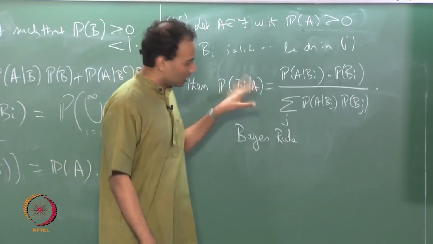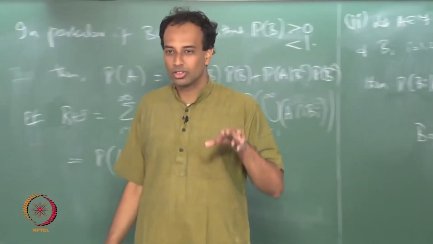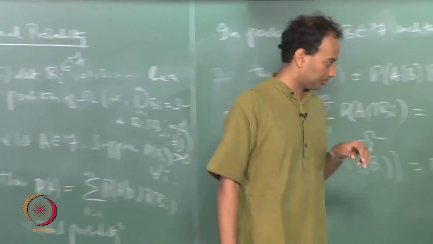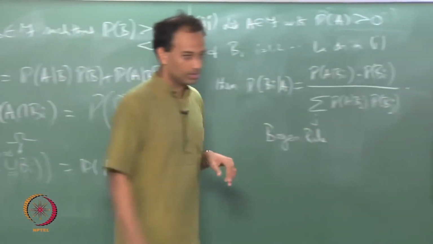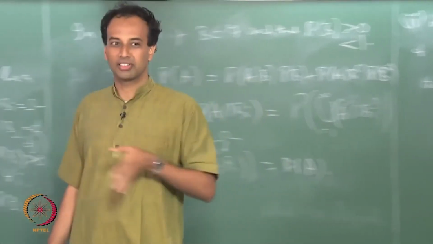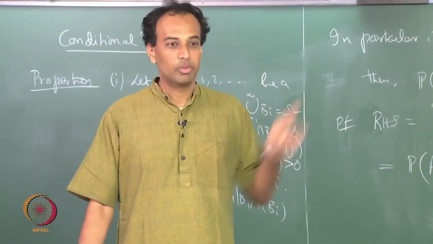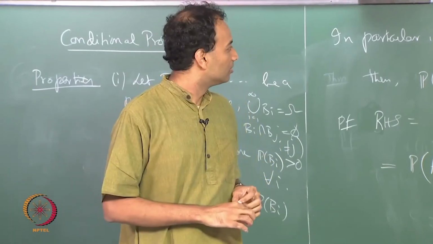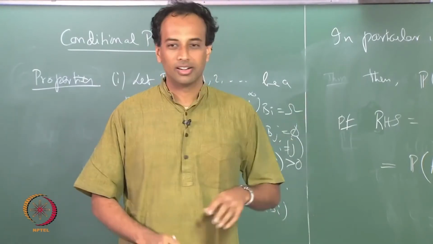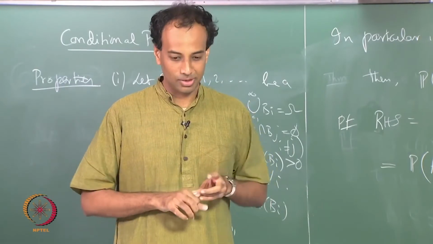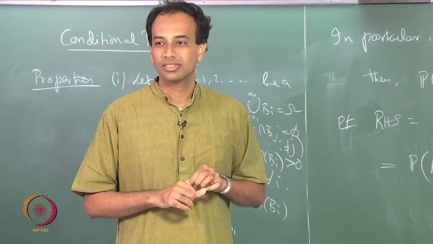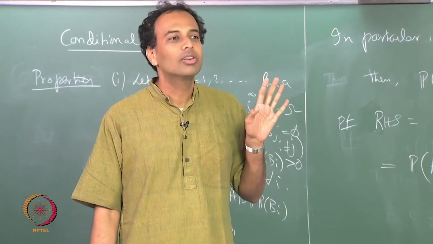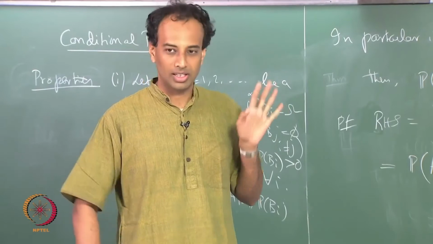Because you are asking this post facto question, this is called a posteriori probability. Okay. A posteriori just means after the fact, as opposed to a priori, which means prior, right. Yeah, so there are lots of examples you can compute this for. But mathematically it is a very simple application of the conditional probability definition.